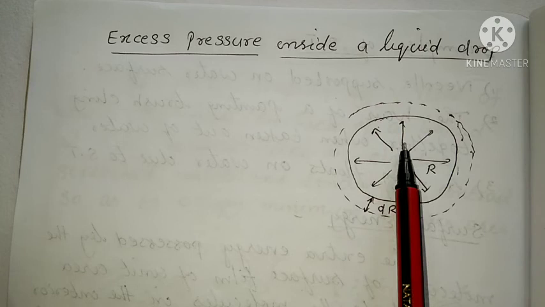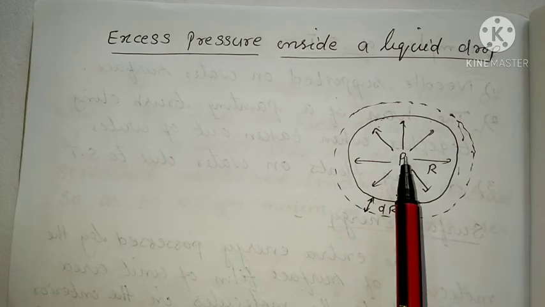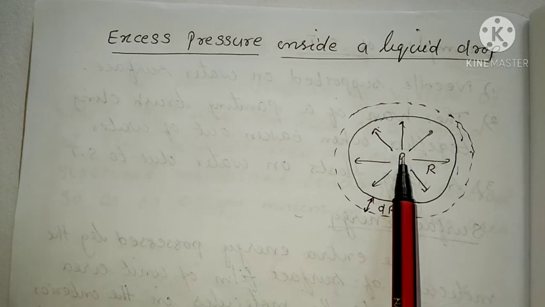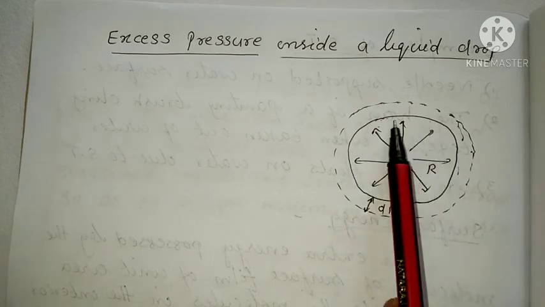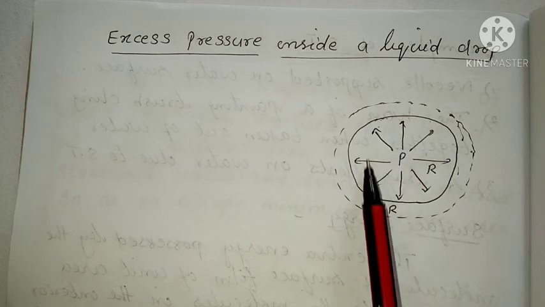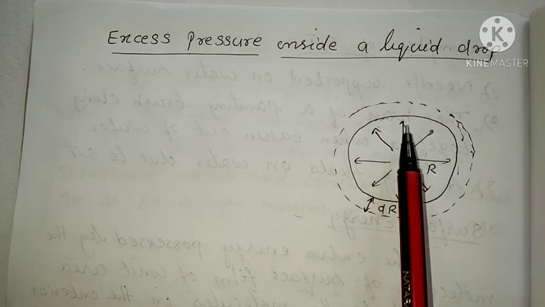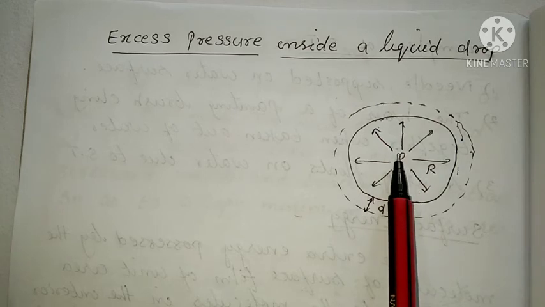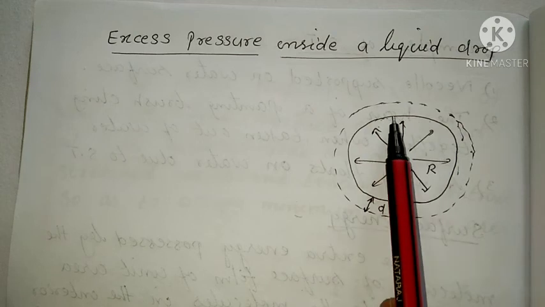This pressure acts normally outwards. The molecules are trying to decrease the area, so the pressure inside increases and the drop attains a spherical shape.